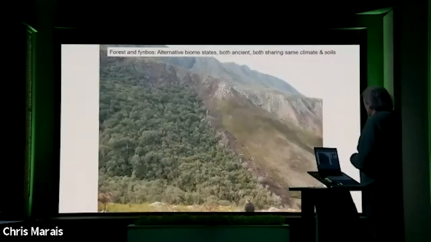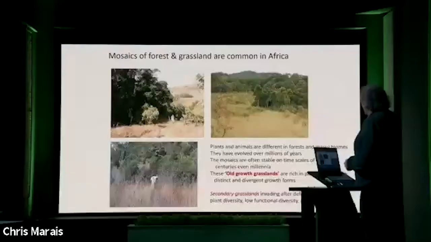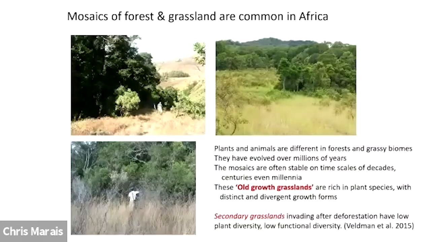But the fynbos is ancient and the forests are ancient, and they're alternative states. Watch out for them. Neither one is what should be. Both should be. So these mosaics of forests and non-forests are common across Africa. That's Drakensberg up in the left there. On the right is Gabon, and the bottom there is Madagascar.